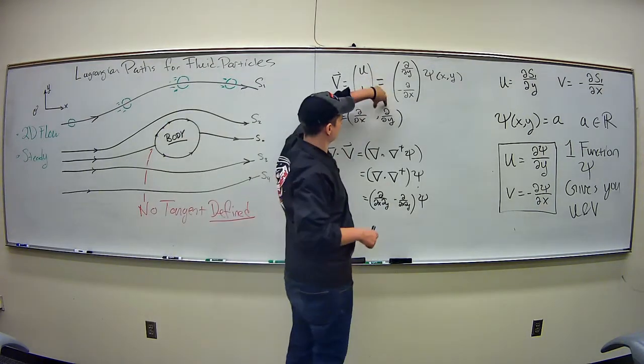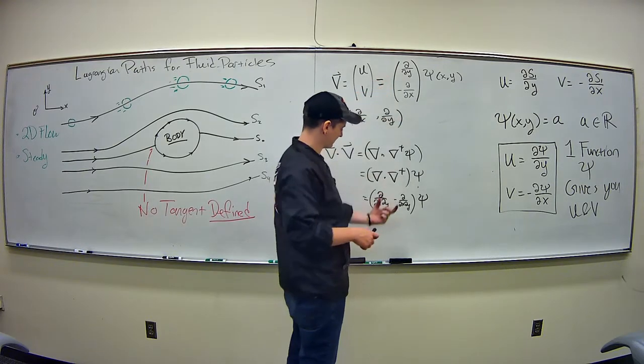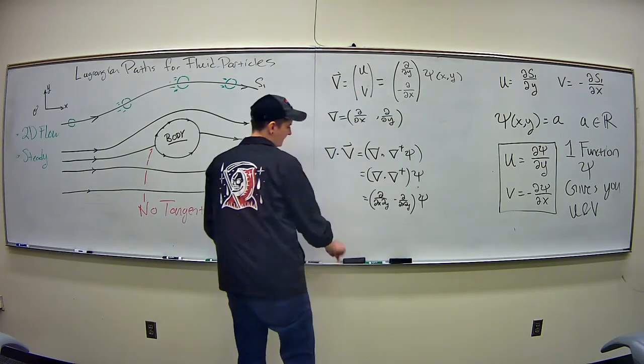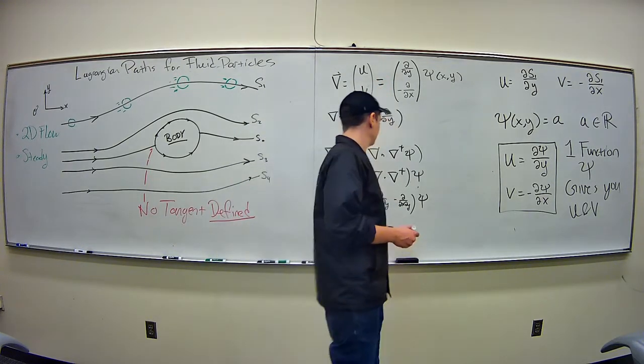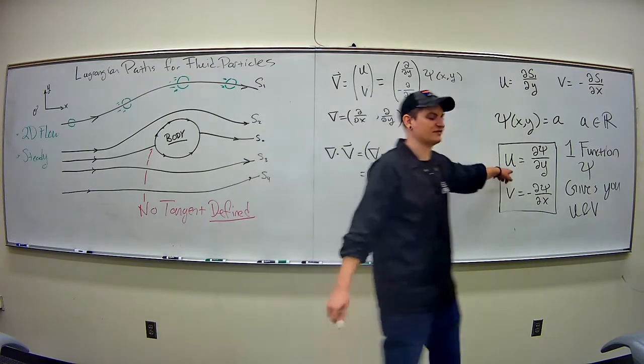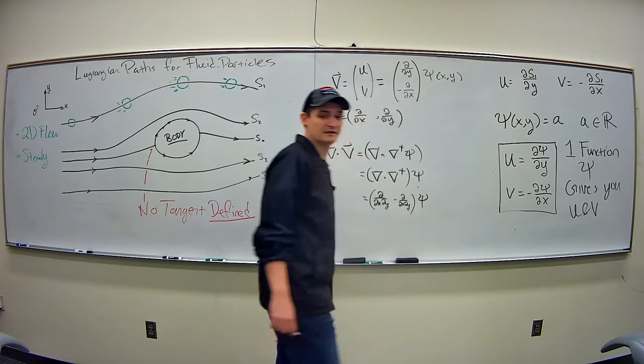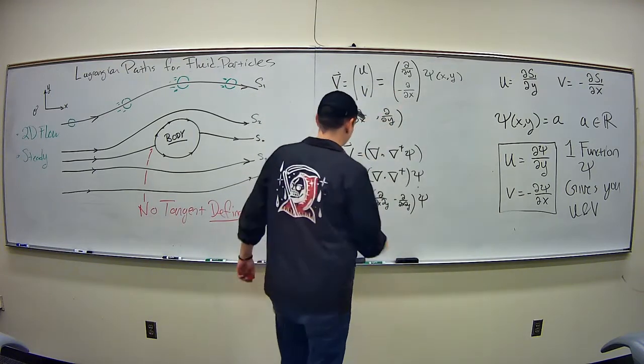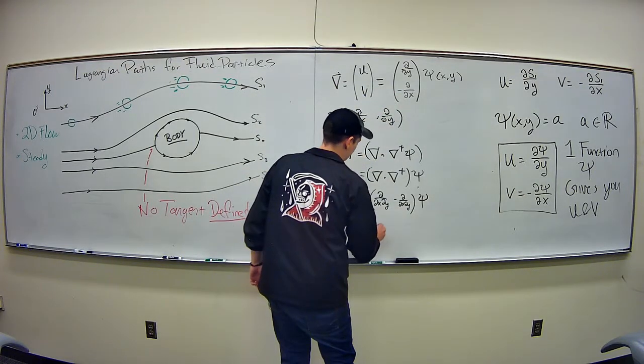So you get the same, and then adding them both, you get this negative, so you get this. So it satisfies continuity. If u and v are defined this way, with this operator, then this will be 0 for any v.